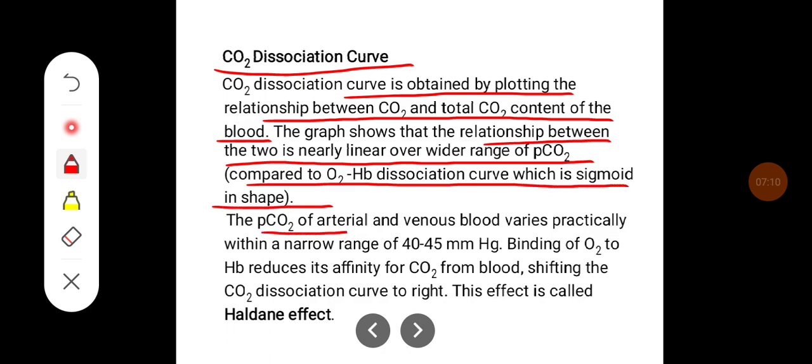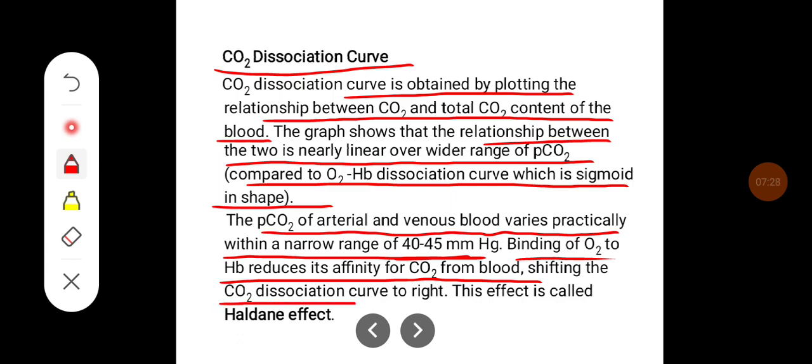The PCO2 of arterial and venous blood varies practically within a narrow range of 40 to 45 mmHg. The binding of oxygen to hemoglobin reduces its affinity for carbon dioxide, shifting the carbon dioxide dissociation curve to the right, and this is called the Haldane effect.